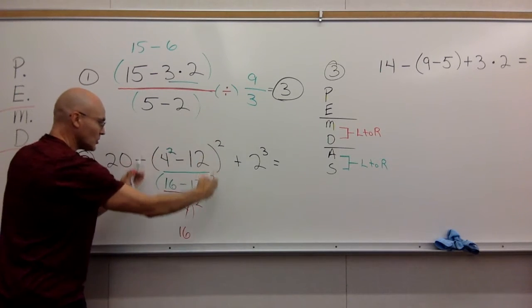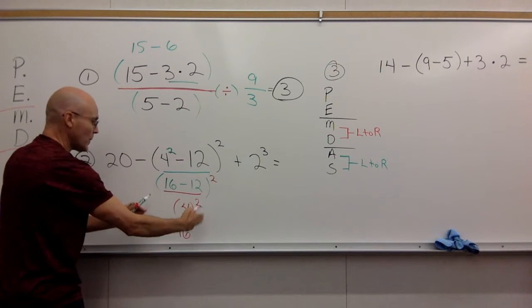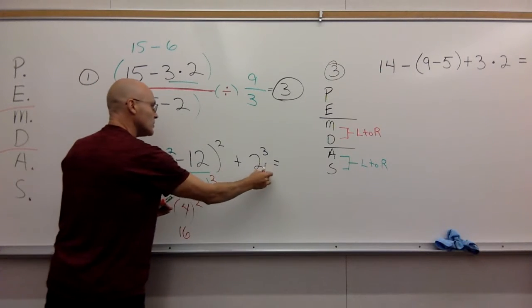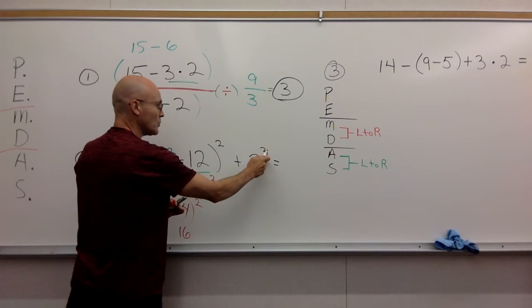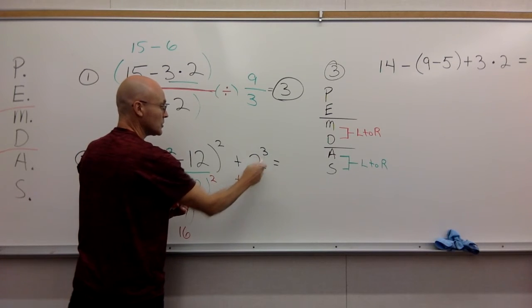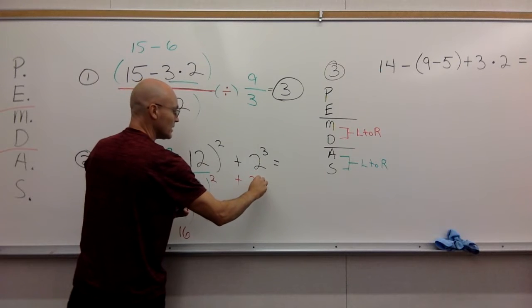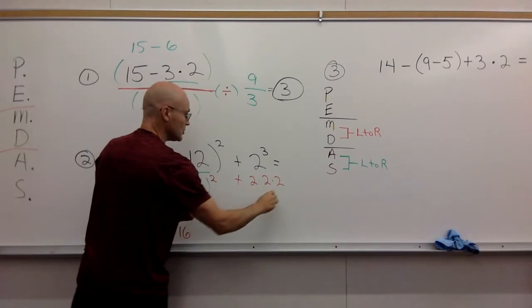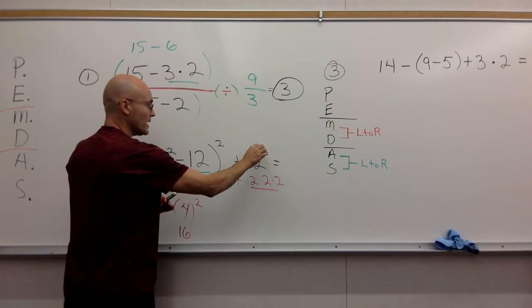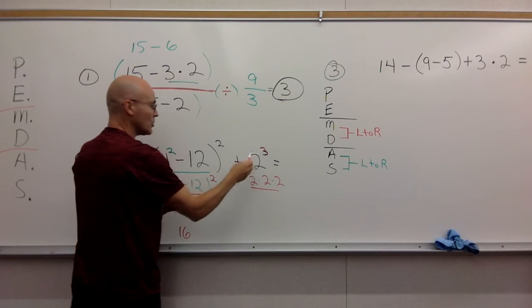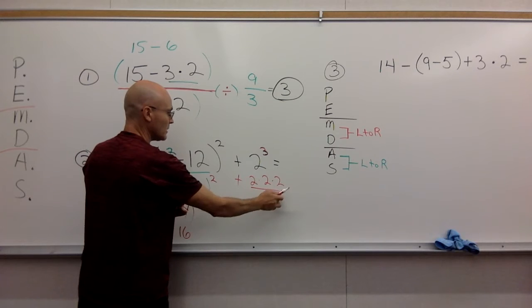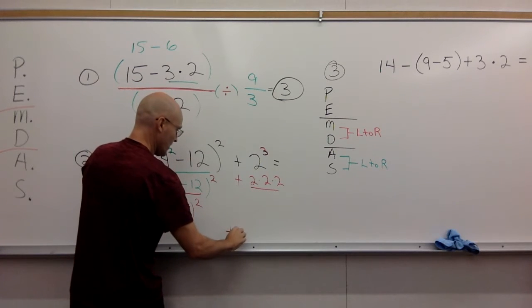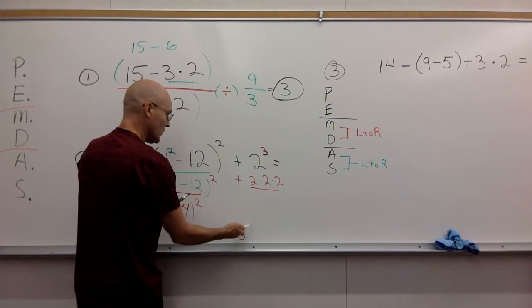So we kind of stuck to the middle here for a while. Now I'm going to bounce over to this other exponent and take care of 2 to the third power, also known as 2 cubed, which is literally 2 times 2 times 2. So the exponent of 3 is going to have you multiply the 2 by itself 3 times. 2 times 2 is 4, times 2 is 8, and so we now have 8 over here on this part.